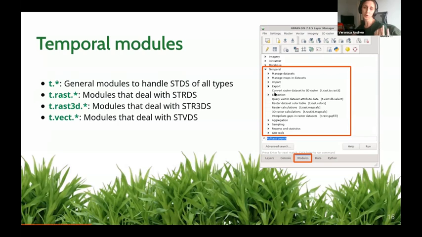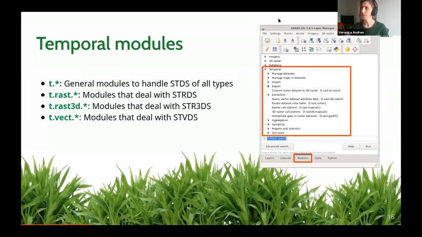Again, the modules are organized similarly: t.something for general temporal tasks, t.rast for temporal raster data, and so on. This is just a screenshot with all the different groups of modules for temporal tasks within GRASS.